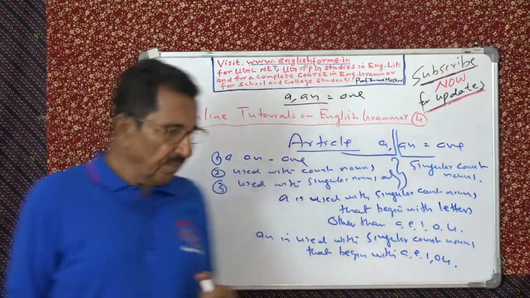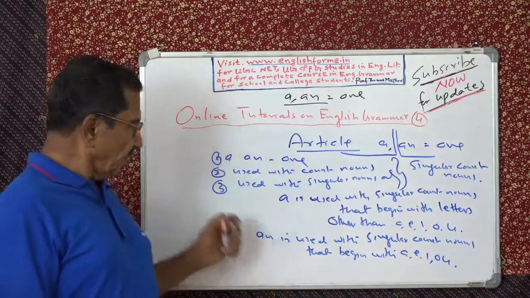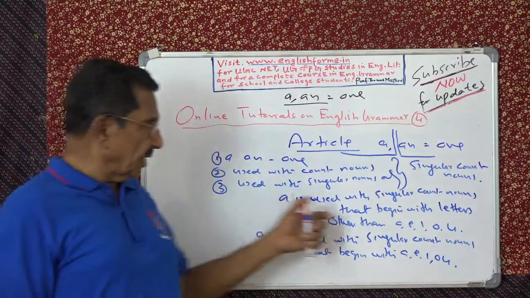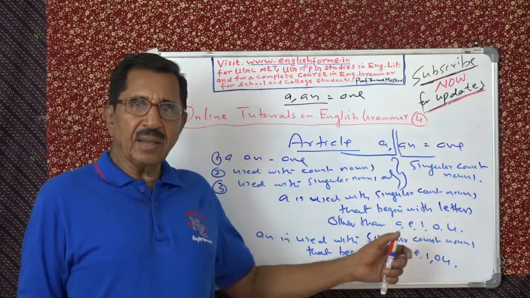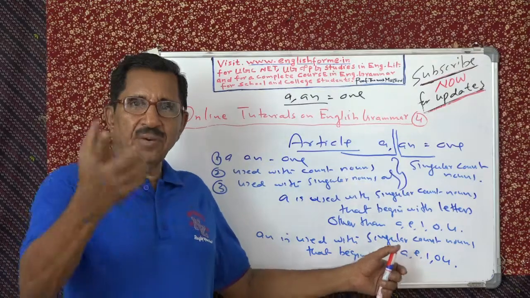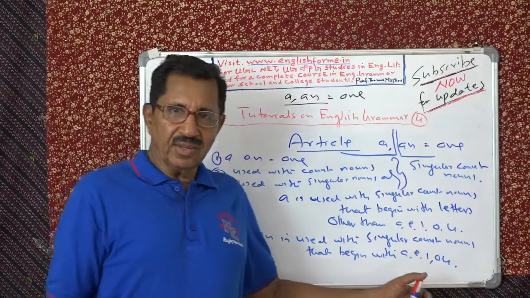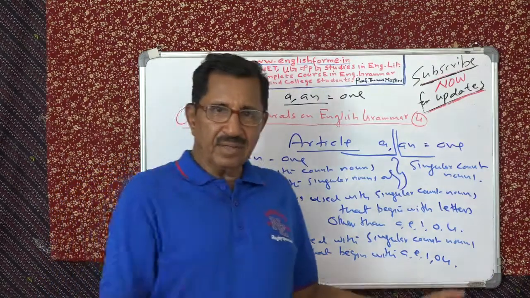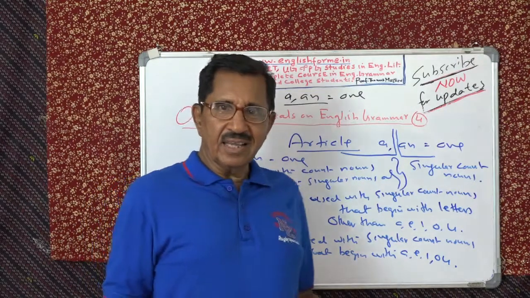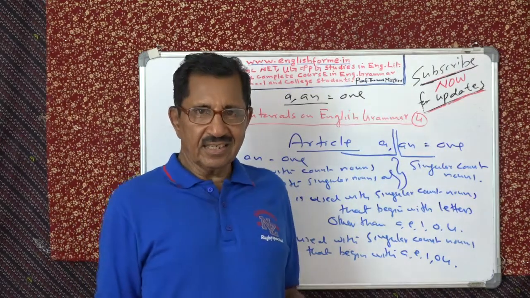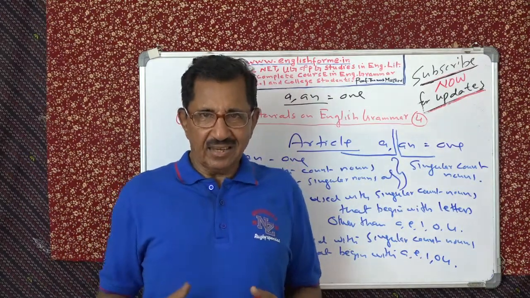If you find a word that begins with A-E-I-O-U, use an. If you find a word that begins with other letters, say P, B, say a boy, a packet, a man, a woman, a teacher, a C, like that.